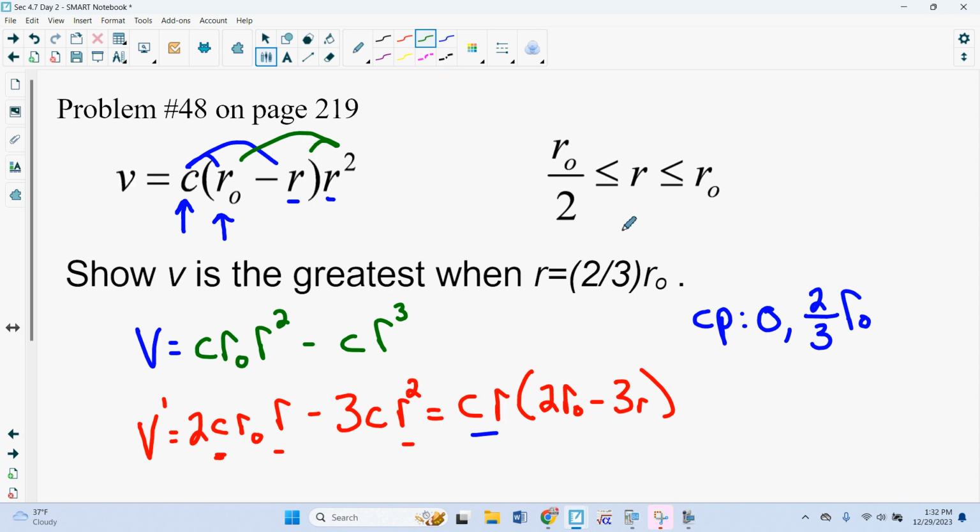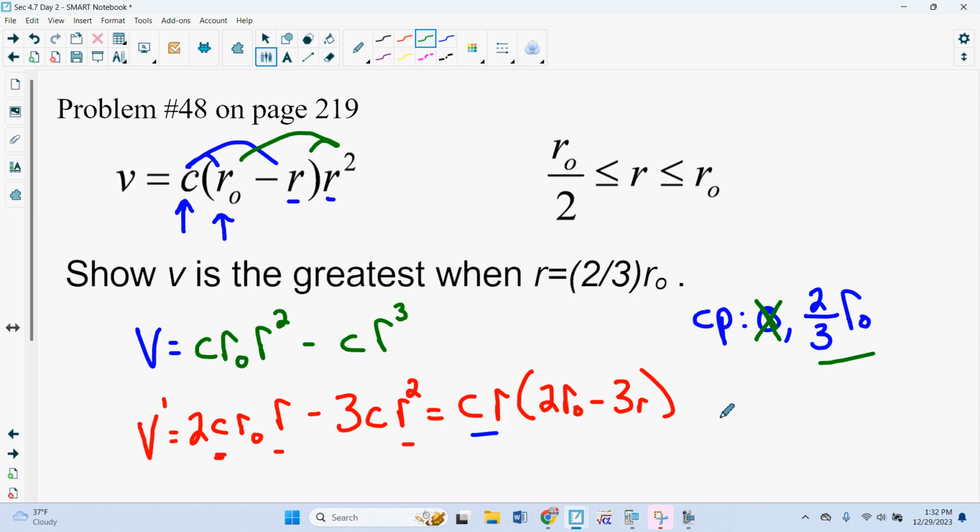Now, intuitively, if you remember, R is the radius, so this 0 is going to be a minimum. What is the velocity of the air coming out of your throat when the radius of your throat is 0? When your throat's completely closed off, you have no air coming through. That's a minimum. So what we need to do is show that this value gives us a maximum.